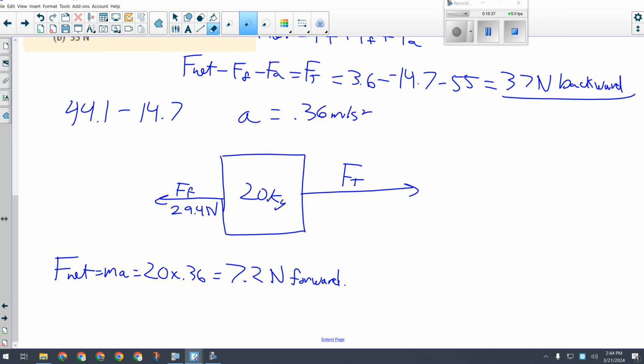I have 29.4 newtons worth of friction backwards. The only two forces acting on this block are friction and the rope. So, F net equals the force of friction plus the tension in the rope. I know that number, so I'm going to subtract it over.